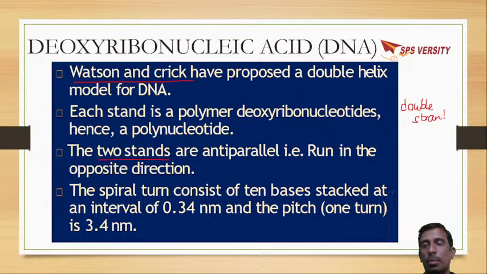In dsDNA, the 2 strands run anti-parallelly and are coiled with each other. Each coil, that is one pitch, has a length of 3.4 nanometers.